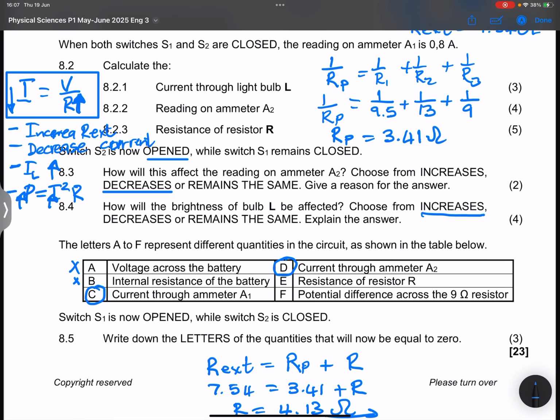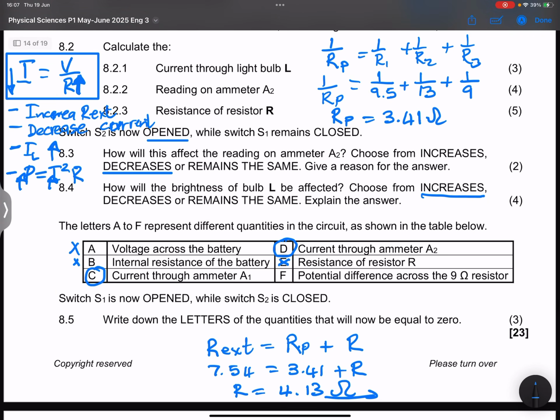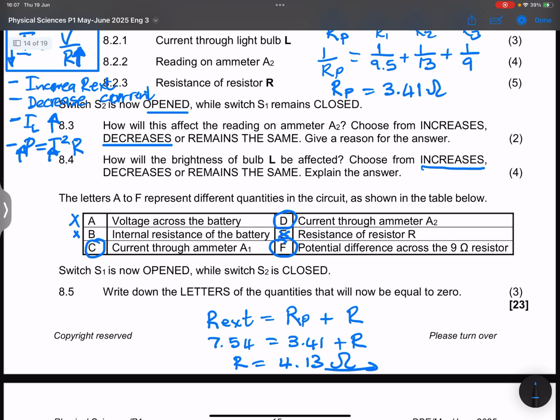So that is not true. The resistance is still there. However, remember, it is no longer resisting current, but it still remains a resistor, right? And then the potential difference across the 9 ohm resistor, definitely that would be zero. There's no longer any potential difference because there's no current flowing, and as a result, our answers will be C, D, as well as F.